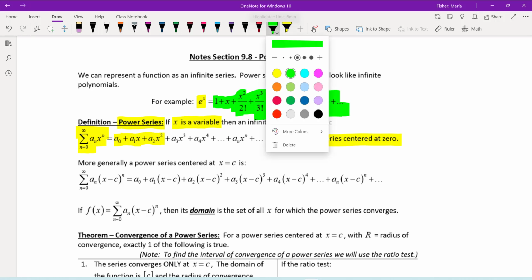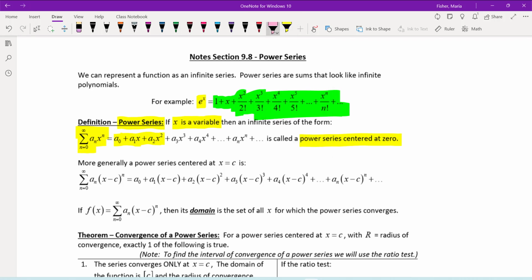More generally, if you have a power series that's centered at x equals c, that's going to look like the sum from n equals 0 to infinity of a sub n times x minus c to the n. So the only difference between these two is this is just an x because you're centered at 0, and here it's an x minus c because if you were to solve this equation, you have x equals c and you're centered at x equals c.